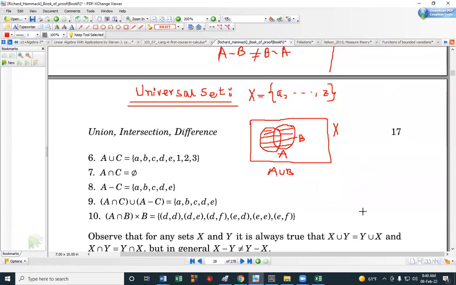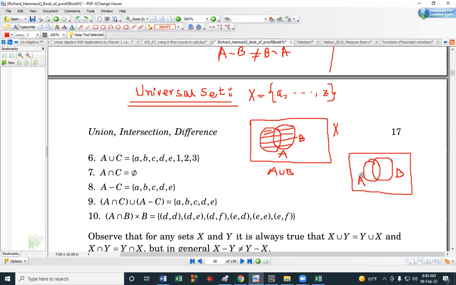So what would be a good diagram to denote the intersection of two sets? Let's say this is your set A, this is your set B. By intersection, we mean the elements that are present in both these sets.